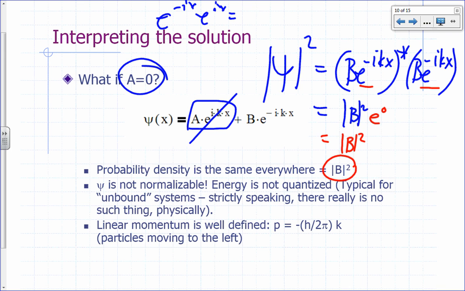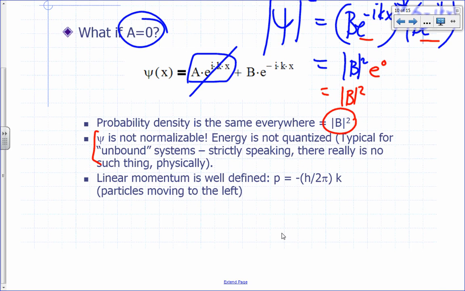Okay? Note that, like I said, psi is not normalizable, because what happens when you take psi squared over all space? Integral of absolute value of b squared e to the 0 dx from negative infinity to infinity.